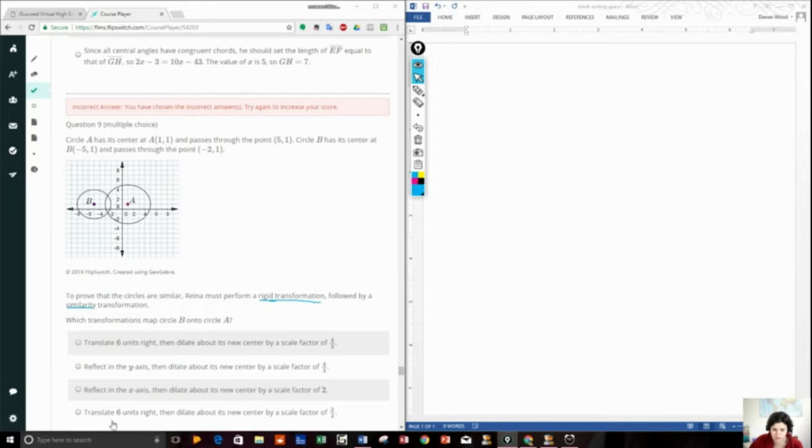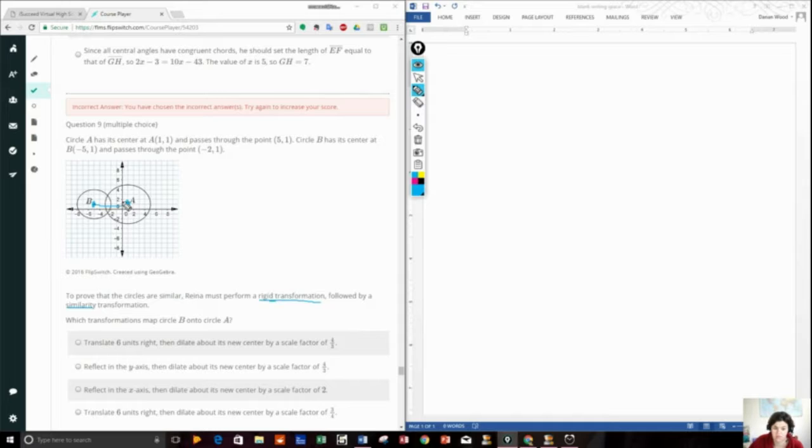Okay, well, let's talk about these translate 6 units right. So they want to take B to A. So if I take the center of B and I move it 6 units to the right, so 1, 2, 3, 4, 5, 6. All right, that works.